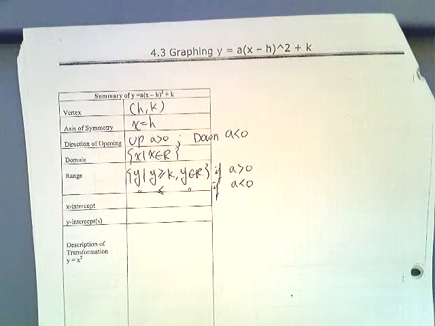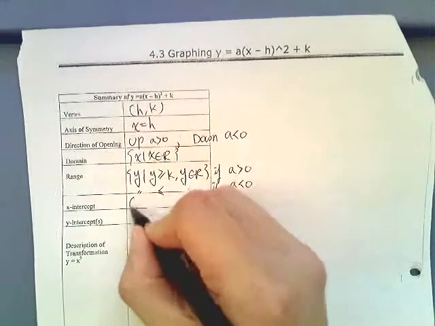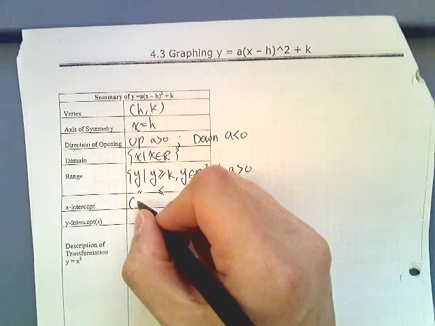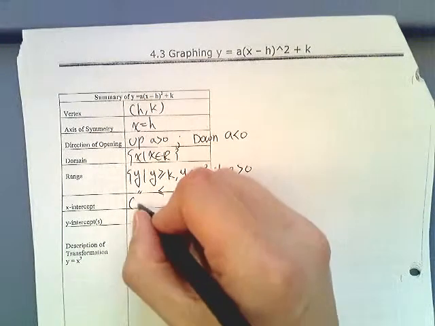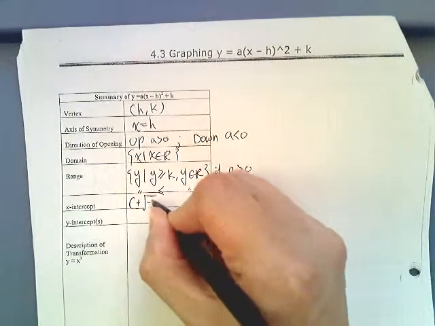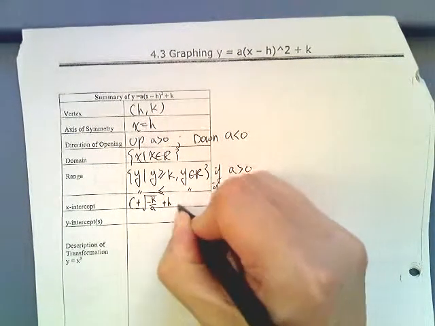Now the x-intercept portion is the tricky one and the most interesting part of it. Remember, if it is an x-intercept, the y value has to be 0. So it is plus or minus the square root of negative k over a, plus h, comma 0.